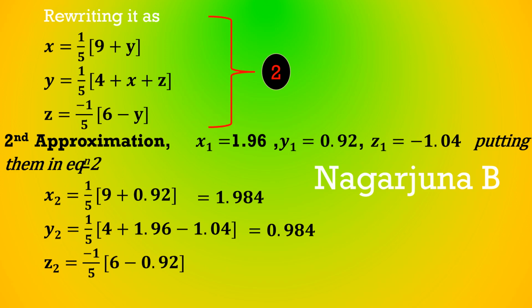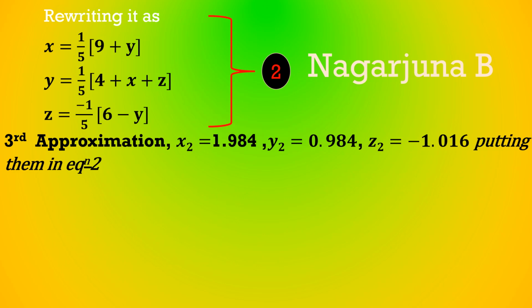Open the bracket, 6 minus 0.92, close the bracket, divided by, open the bracket, small minus sign, then 5, close the bracket, and that answer is minus 1.016. x2 is 1.984, y2 is 0.984, and z2 is minus 1.016.